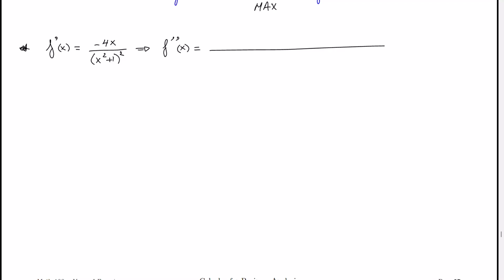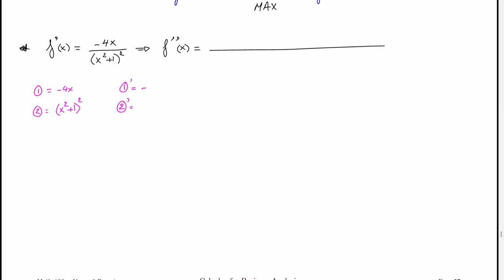So to make life easy, I'll label the numerator and the denominator as 1 and 2. The numerator is -4x. The denominator is (x squared plus 1) squared. Let's find the derivatives of these separately before we start the quotient rule.